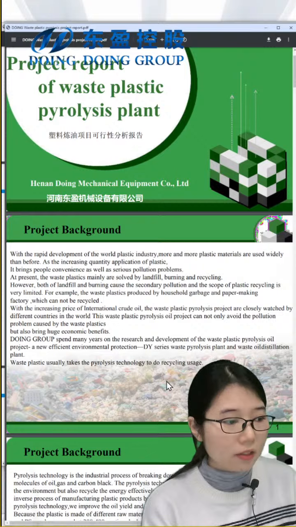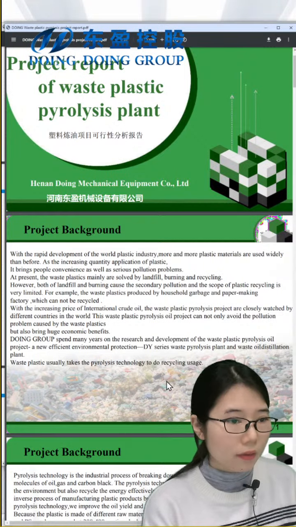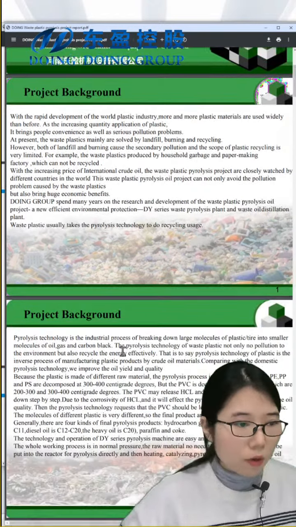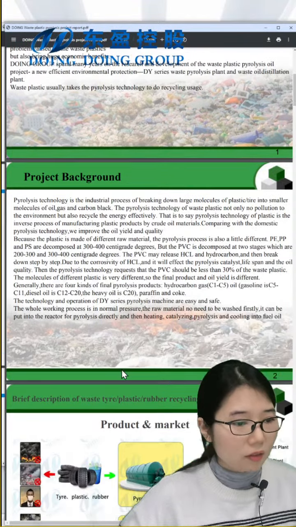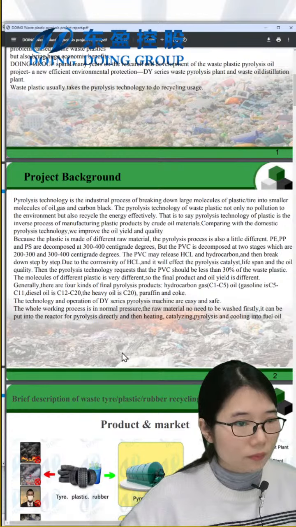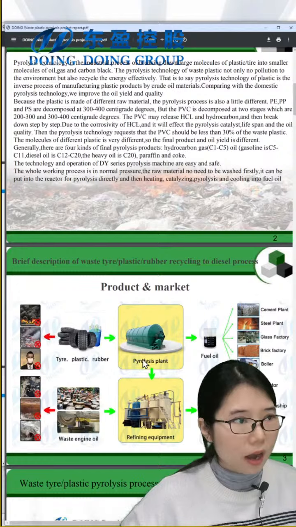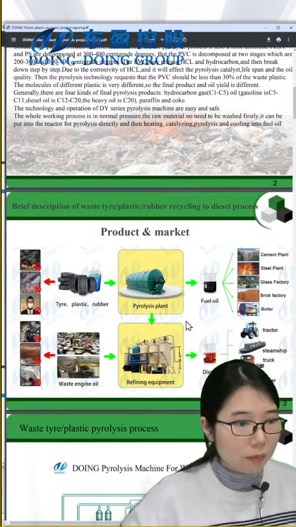So our pyrolysis machine is just one of the recycling ways. Some customers may think about the profits of the pyrolysis project. That's why I'm introducing our pyrolysis project to you and let you see the profits of the pyrolysis plant.